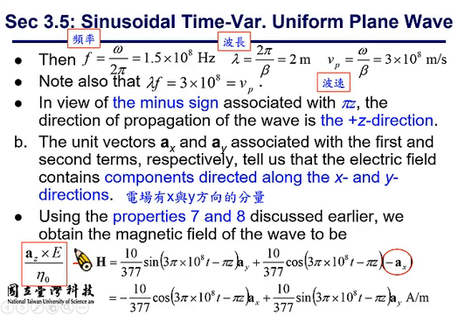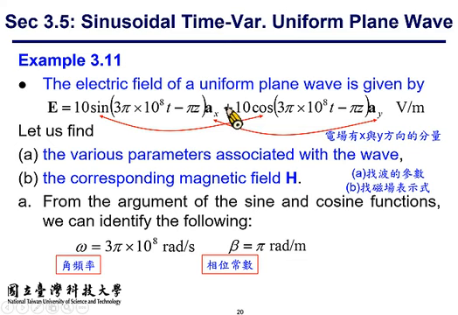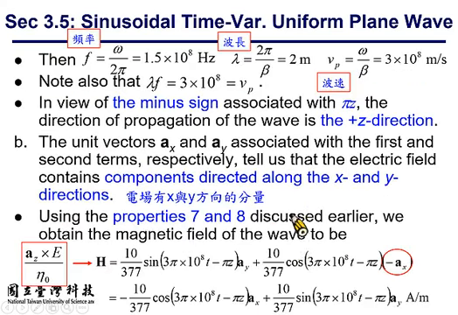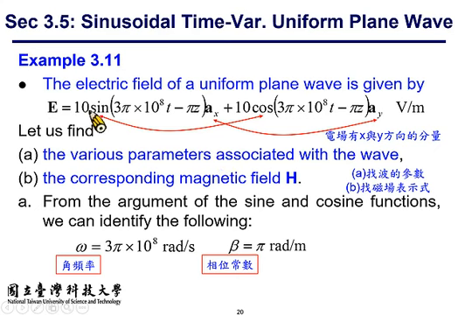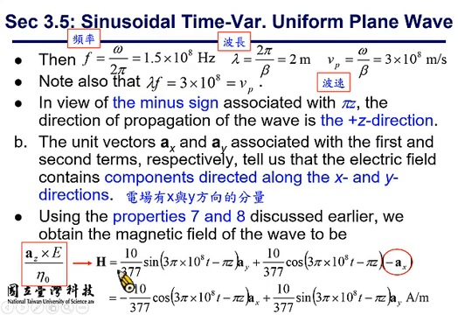So the first term is in the AX direction, AZ cross AX is AY, and AZ cross AY is minus AX. So the second term comes with a minus sign. Originally the expression for the electrical field comes with a magnitude of 10, and you need to divide it by 377, that is the intrinsic impedance of wave in free space. So you end up with this expression.